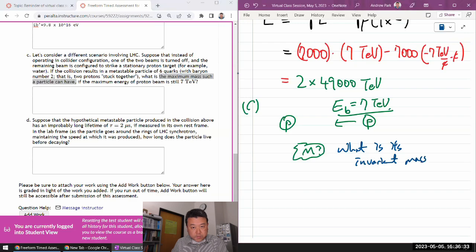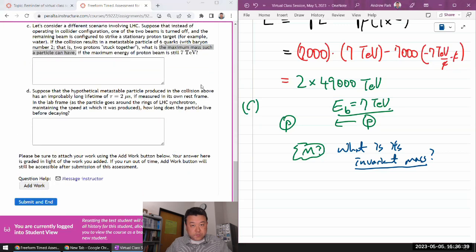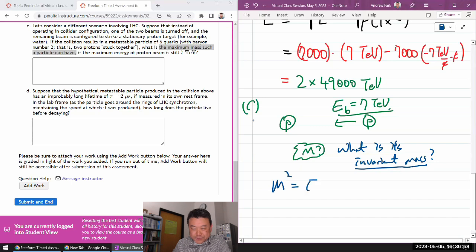There's a really convenient formula that comes from the energy-momentum relationship: invariant mass squared c to the fourth power is given by, or let me not be careful with the factors of c, because this is how I would normally do it. M squared is equal to E squared minus p squared.